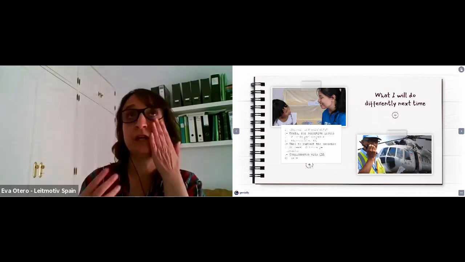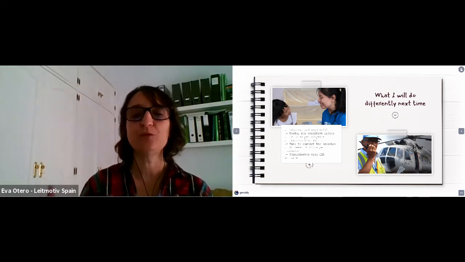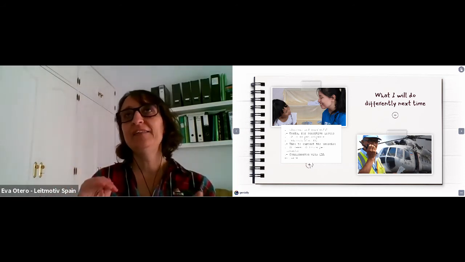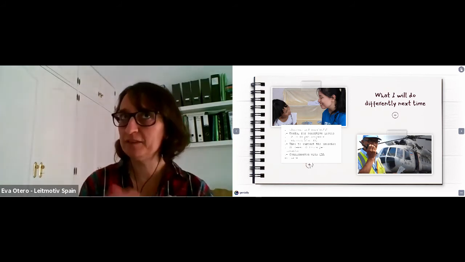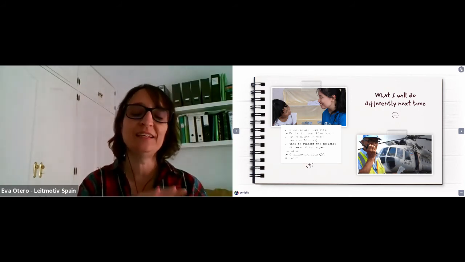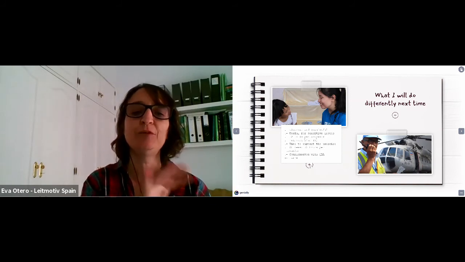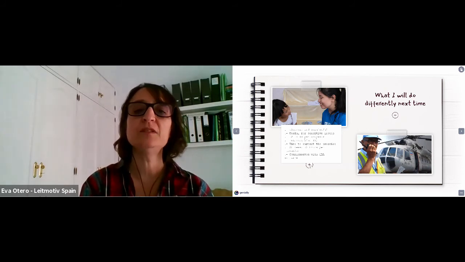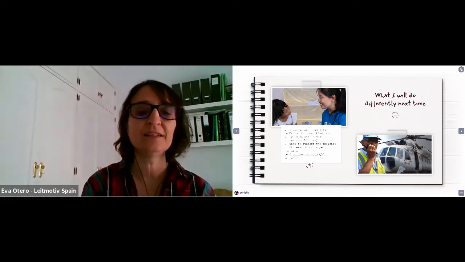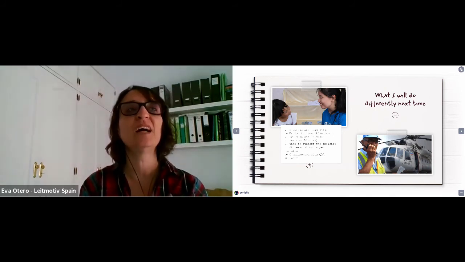I think we've also learned, because we didn't know what to expect, that the optimum size is around 12, 15 participants max, because as I think Luis said yesterday, it requires a lot of time to support the exercise and to do the follow-up and so on.